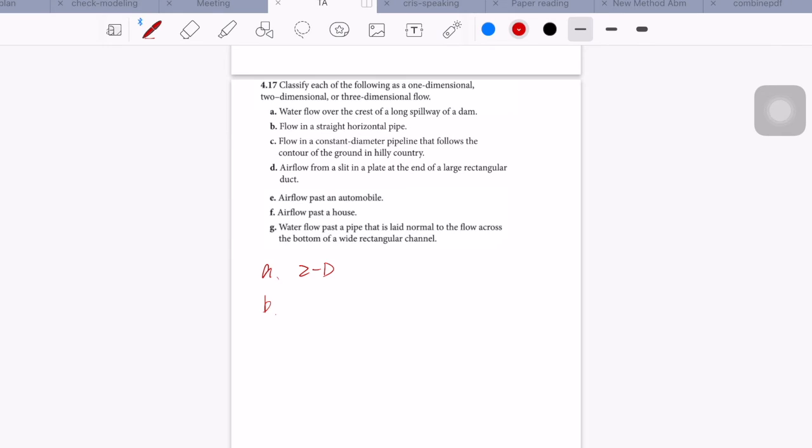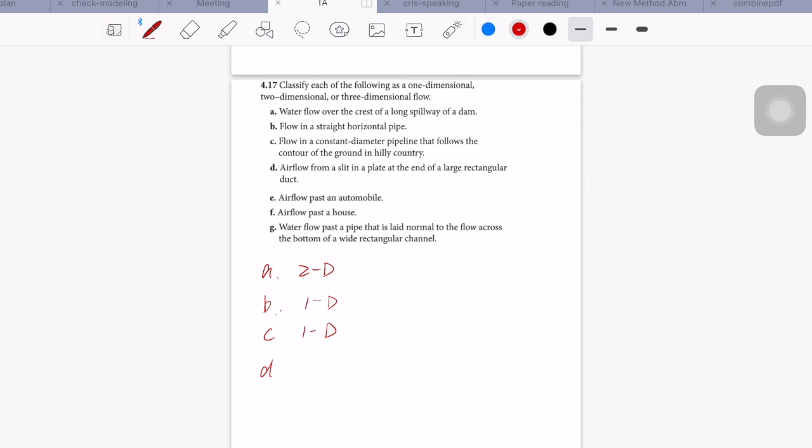For B, the flow in a straight horizontal pipe, we know the velocity only depends on the radius of the pipe. So B is a one-dimensional flow. For C, the flow in a constant diameter pipeline that follows the contour of the ground in a hilly country, the velocity also only depends on the radius of the pipe, so it is a one-dimensional flow.